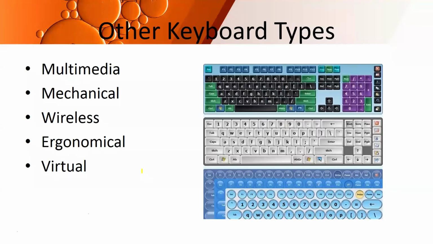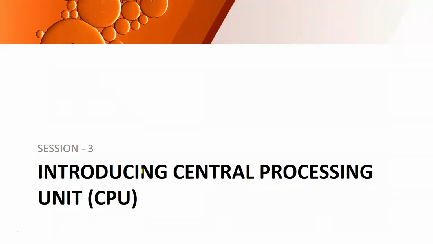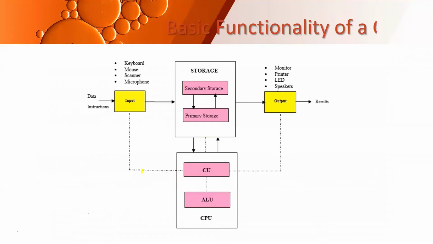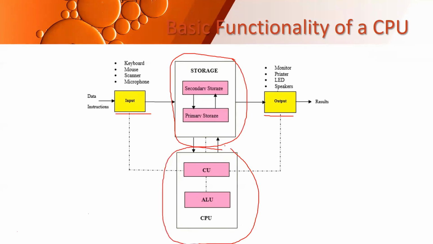So the basic components of computers you have seen. Now today we are starting with session 3, that is introducing the CPU, Central Processing Unit. I'm going to go a little faster, students. This is a block diagram of your computer which consists of your input unit, output unit, storage unit, which consists of primary as well as secondary storage, and the CPU.